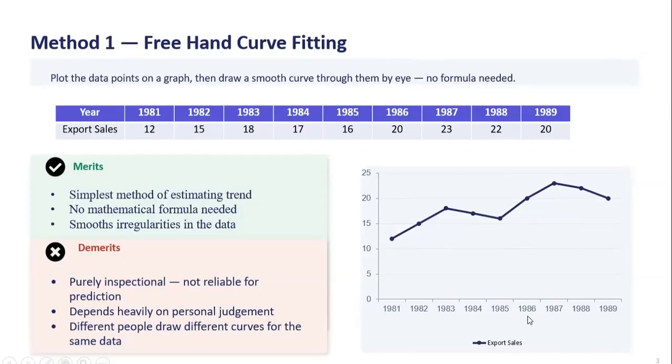In our example, the curve shows that export sales generally increase over the years, even though there are a few small ups and downs. This method is easy to understand and gives a quick visual picture of the trend. But since it depends on personal judgment while drawing the curve, it is not completely accurate.